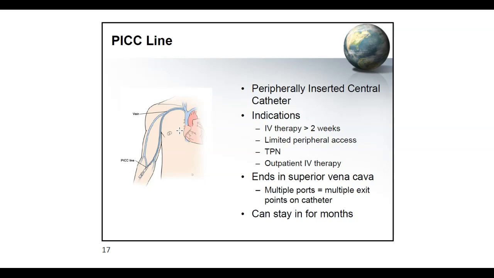And then patients who need TPN, or total parenteral nutrition, and like I mentioned earlier, if the patient needs IV therapy outpatient. And like I mentioned, it ends in the superior vena cava. Sometimes it has multiple ports, sometimes it only has one. Ideally, if you're a PICC line nurse or a PICC line person, because sometimes RTs actually start PICC lines as well, you just have to be certified.